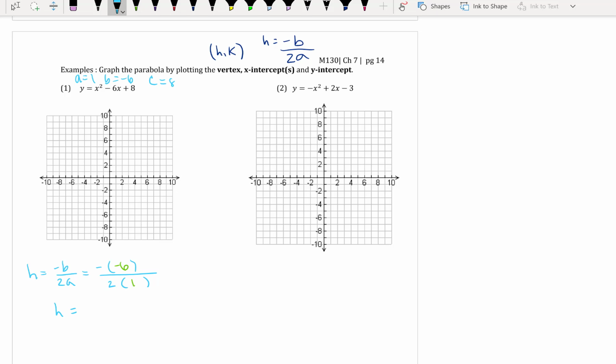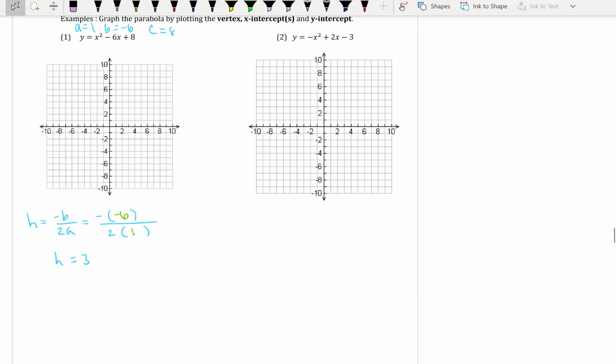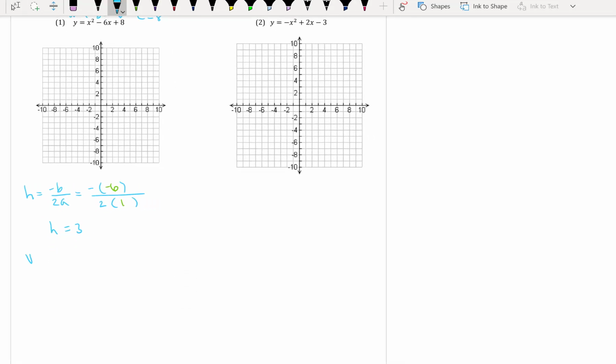So I have a positive 6 in my numerator and a positive 2 in my denominator, which gives me a 3. So now I know that this vertex has 3 as the h value.